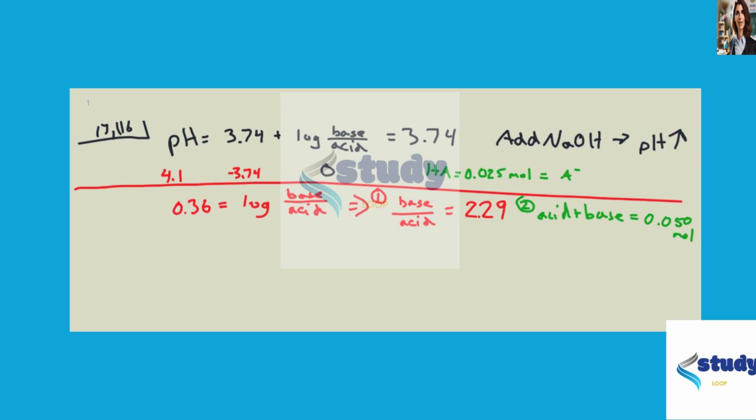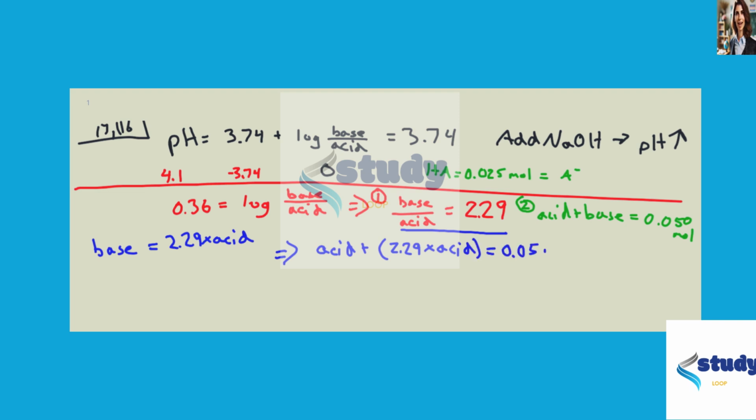So we can say that base is equal to 2.29 times acid, and we get that from modifying this equation. And then we can plug this term into our second equation. Acid plus 2.29 times acid is equal to 0.05 moles.